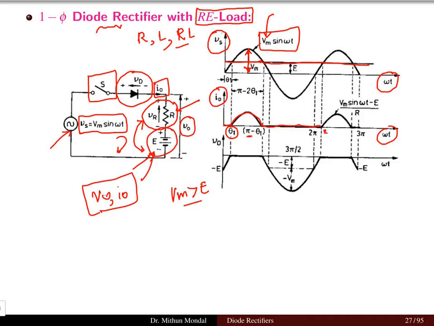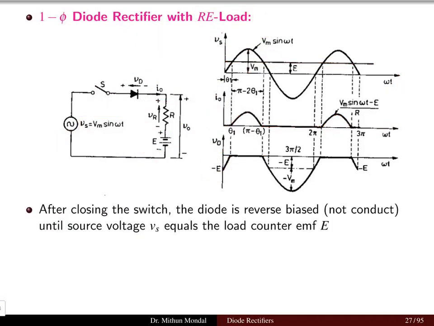After 2 pi plus theta 1, the current will again start flowing for the next cycle. So we can say that the diode will be on between theta 1 and pi minus theta 1, because at the beginning we have the battery which is opposing the source EMF. So unless this voltage grows to a certain EMF E, the conduction process will not start.